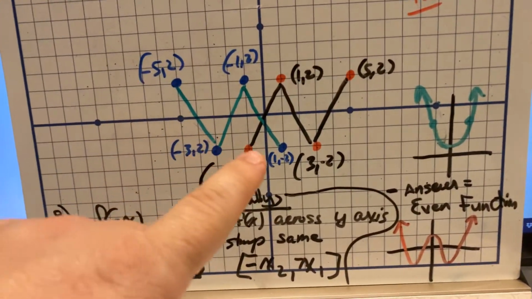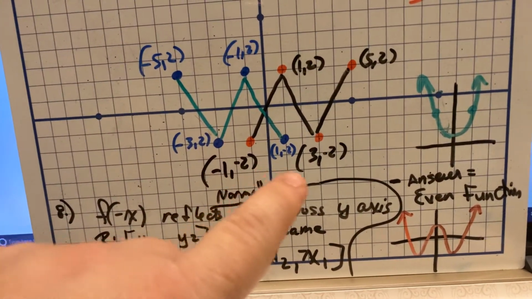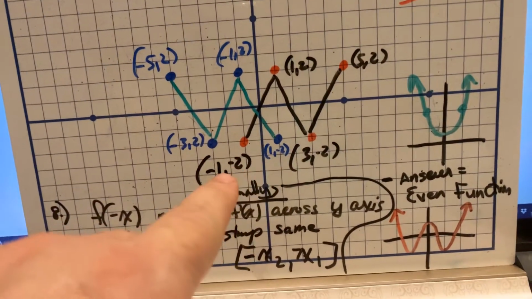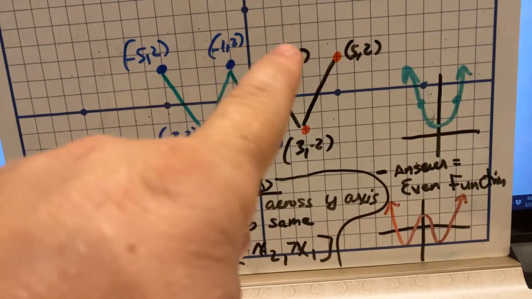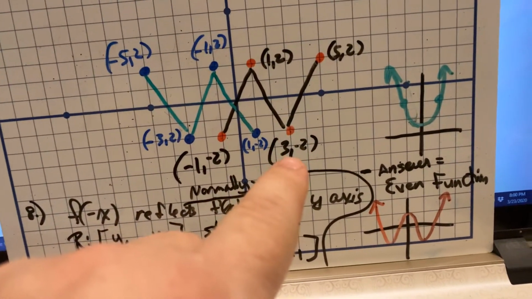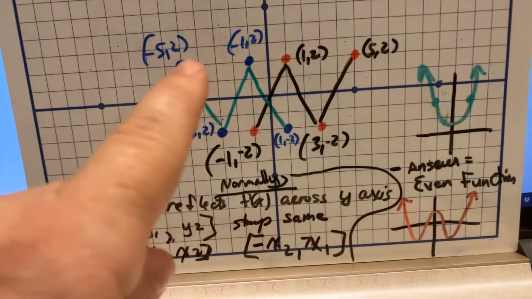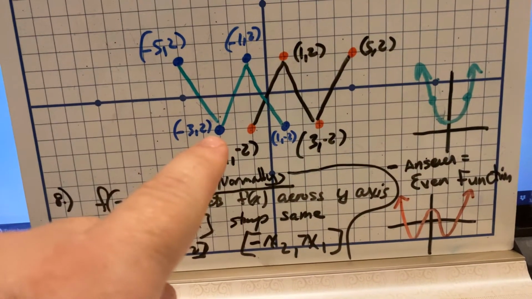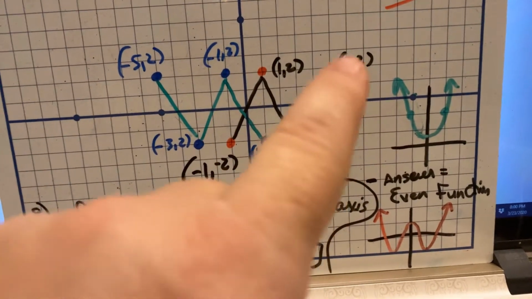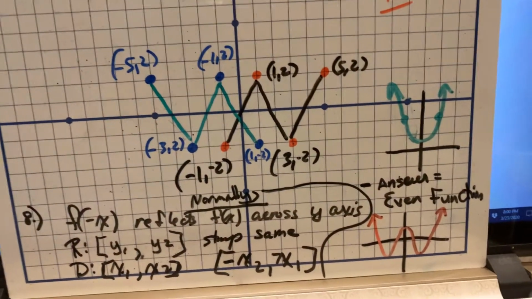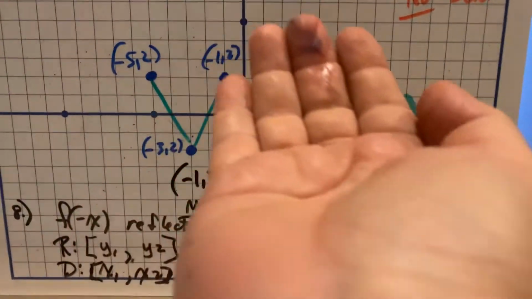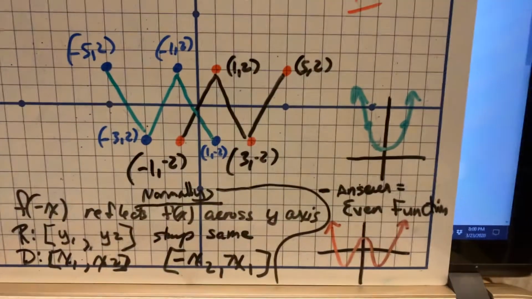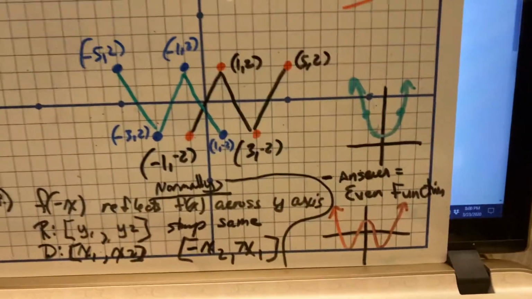Each value of x you are basically flipping over the y-axis. So -1 becomes +1, and +1 becomes -1. Note they keep the same y values. This (3, -2) is going to jump over this way and become (-3, 2), and this (5, 2) is going to become (-5, 2). If you imagine a spatula making pancakes, you'd slip the spatula under and flip it over, and that is the reflection over the y-axis.